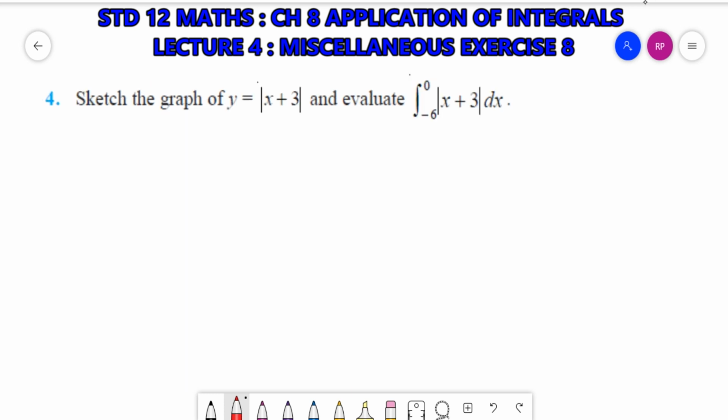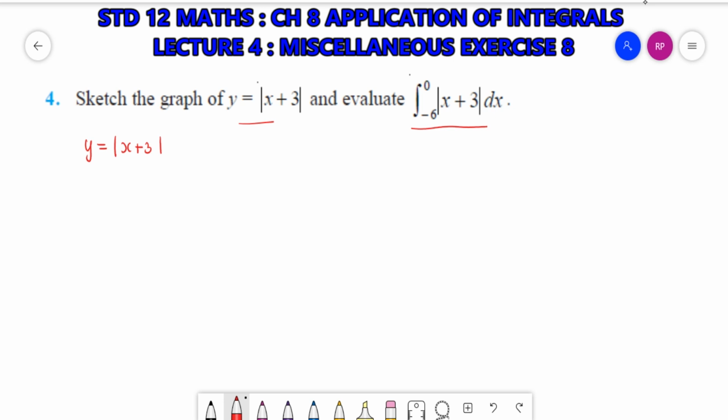Question number 4. Sketch the graph of y equal to modulus of x plus 3 and evaluate the integral from minus 6 to 0 of modulus of x plus 3 dx. Now see, it is given that y is equal to modulus of x plus 3. We know that whenever there is a modulus function, its graph would be V shape.